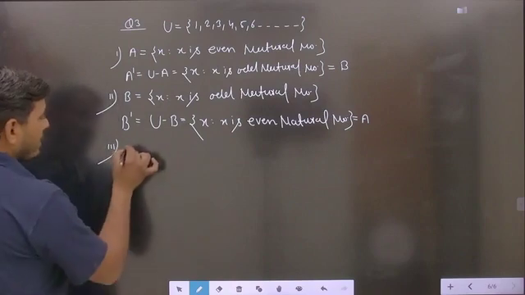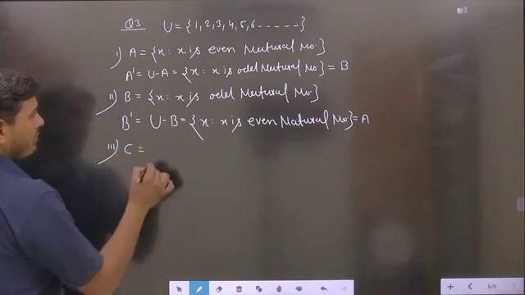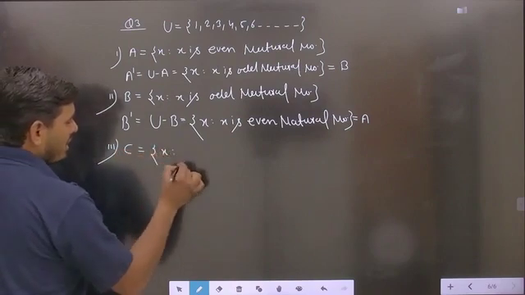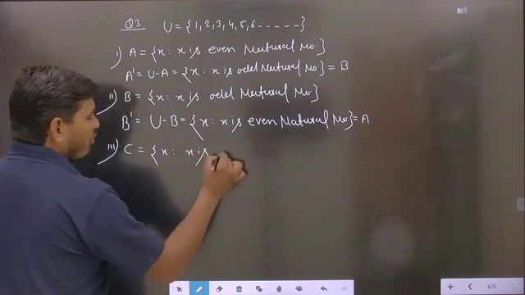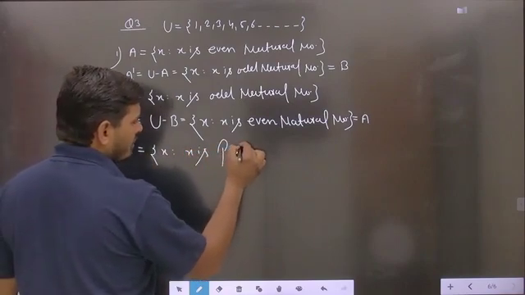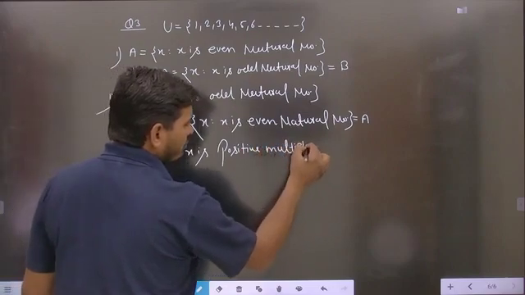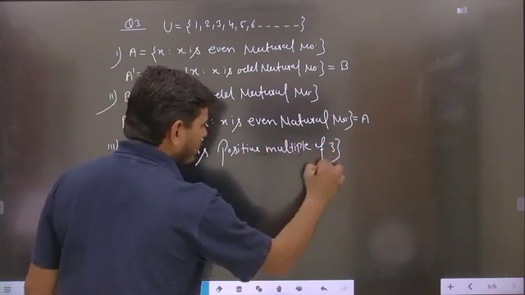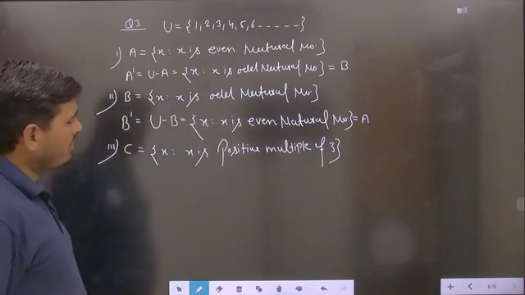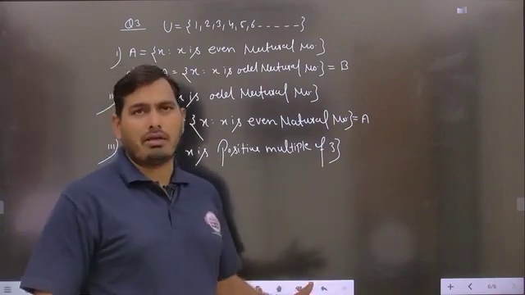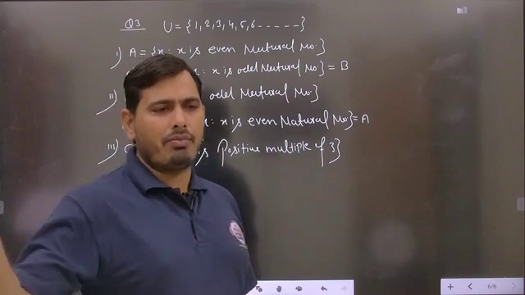The next, set C is given as x such that x is a positive multiple of 3. Now student, positive multiples of 3 means 3, 6, 9, 12, 15 and so many positive multiples of 3.